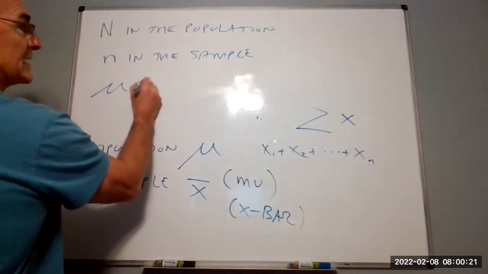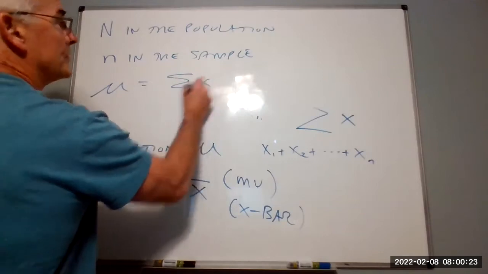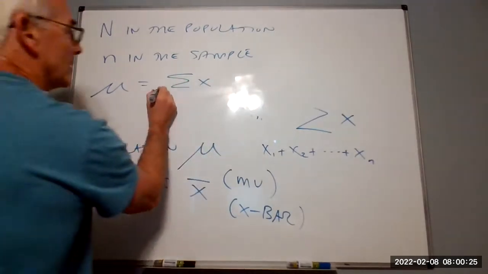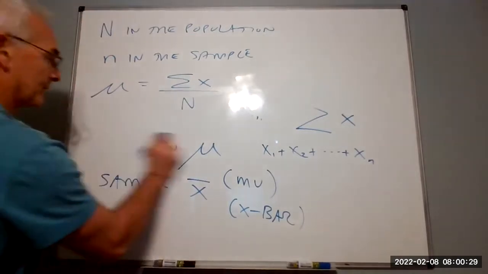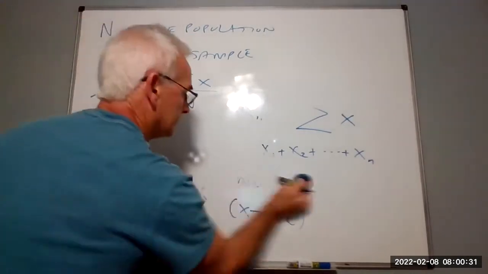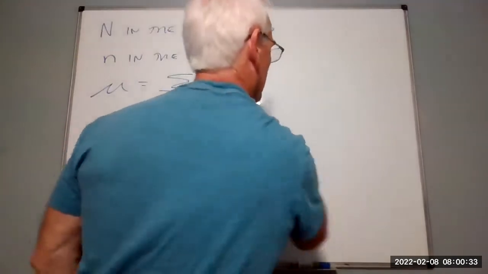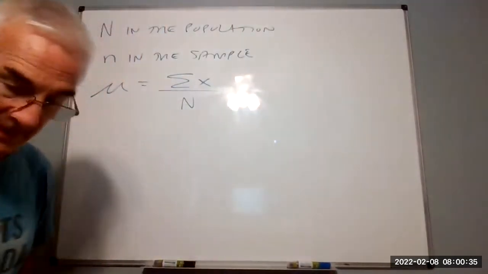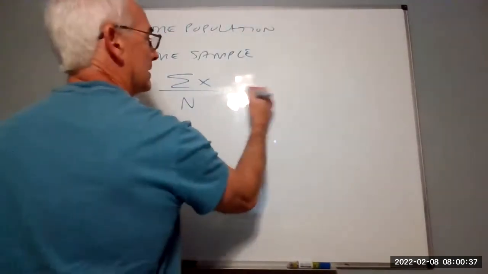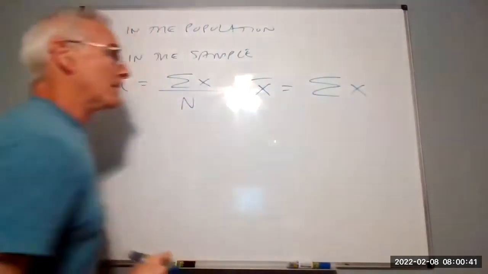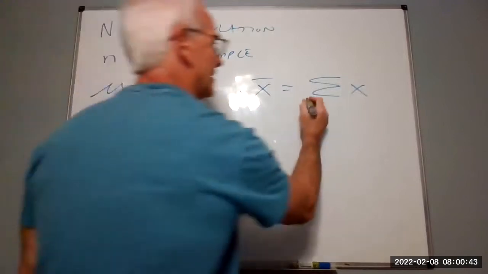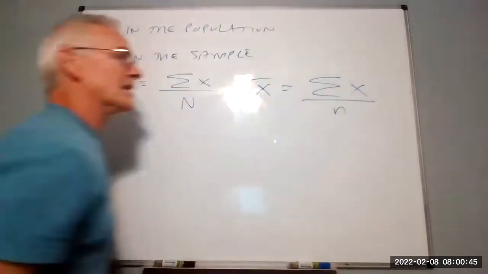Mu is equal to the sum of all of the values in the entire population over the number of things in the population that I'm measuring. X bar equals the sum of all of the things I'm measuring over the entire size of the sample.